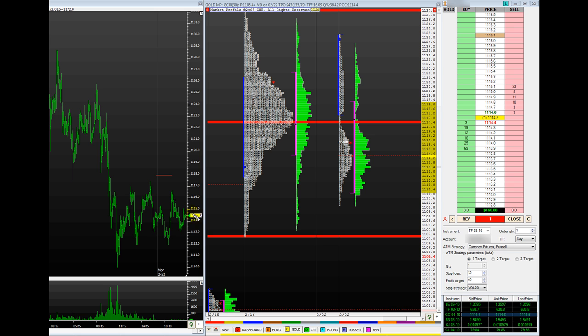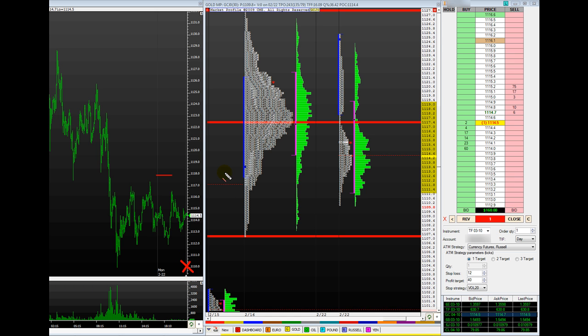But I would like to see it possibly come a bit higher, possibly stop people out, and then start dropping. I'm looking for, once again, that move to break below these 1110s.